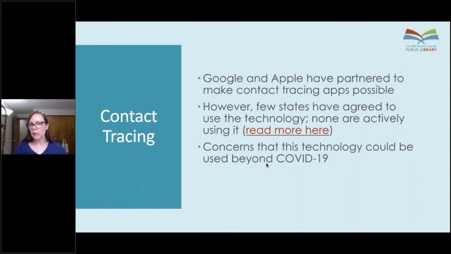So far, virtually none, in fact, in the US are actively using this technology to develop apps for contact tracing. And it looks a little concerning that I'm not sure that technology is going to be used the way we thought it would to create contact tracing apps. So it's maybe less of a concern than people originally thought it would be, but we also don't know how this will change over time.